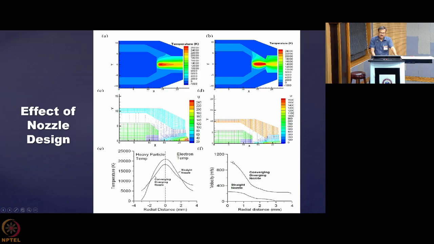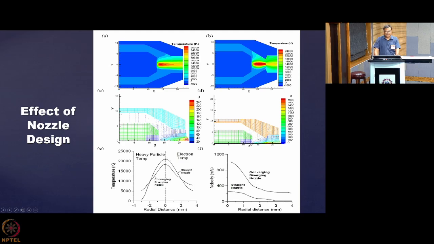To enhance the velocity of the plasma jet at the central zone, you can use a converging-diverging kind of nozzle. This also has an impact on the temperature distribution. In the lower one, you see that the temperature has dropped. So although you have got a higher velocity, your temperature is reduced in the exit plasma channel, whereas in the previous case, the straight nozzle, your velocity was less but you had a higher temperature.